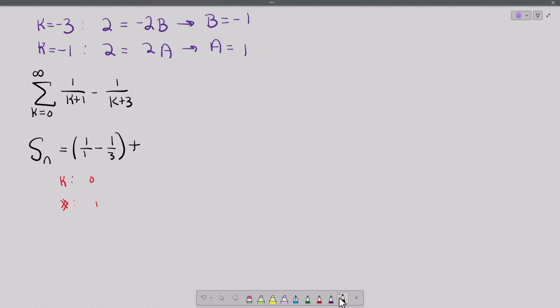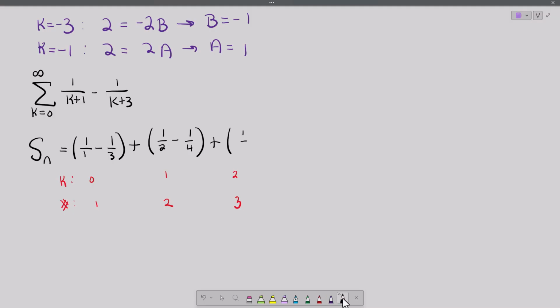All right. Now we're going to go to our second term, which is going to correspond to a k value of 1. So we plug in a 1 and we get 1/2 minus 1/4. And then we're going to go to our third term, which corresponds to a k value of 2.